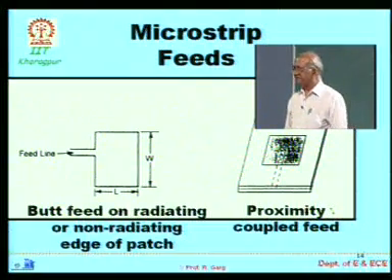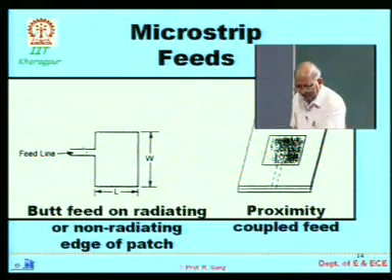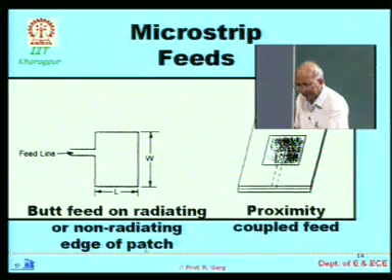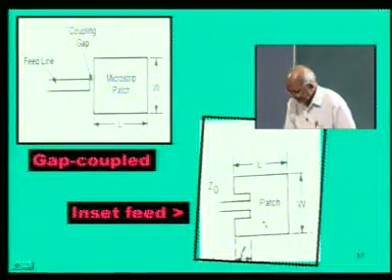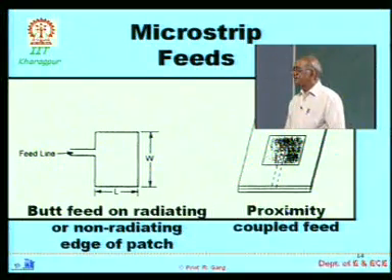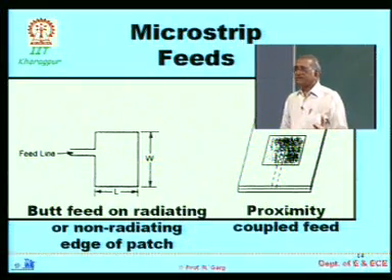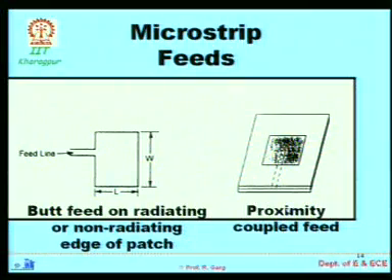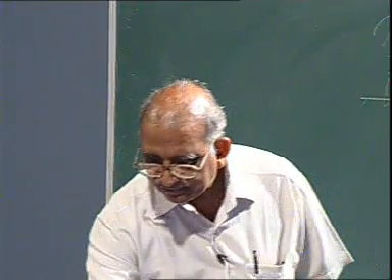It is not direct. This one is called a butt feed on the radiating or non-radiating edge of the patch, and this is called proximity coupled, that is, the power from the feed to the patch antenna does not couple directly, but through electromagnetic field coupling, and you can end it anywhere.